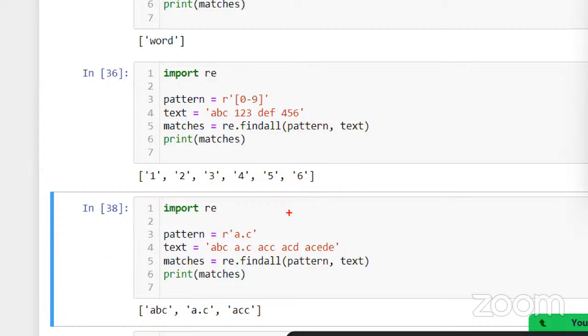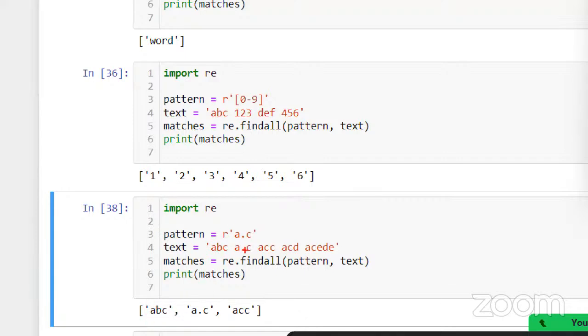Correct. Thank you, Rishi. So I hope you understood what your friend has told. As you know, dot matches anything except the new line character. So here we want the pattern starting with A and ending with C, and in between you can have anything. So which strings will match this pattern? ABC, obviously, is allowed.